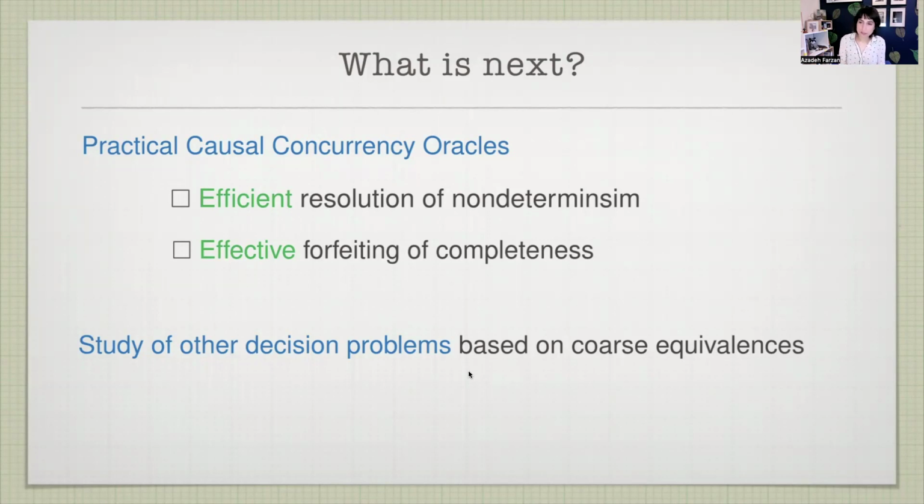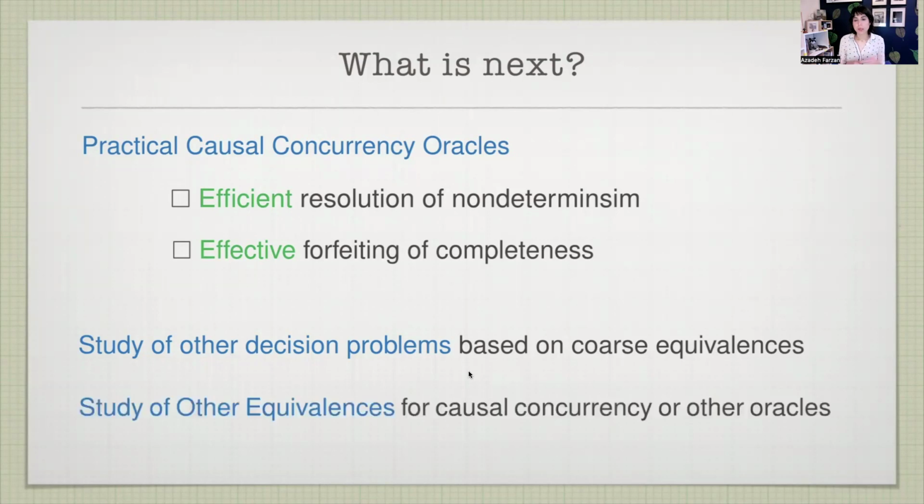There are different decision problems, there are different concerns. It's unclear whether the results from causal concurrency immediately generalize, or whether we need to solve these problems again based on the same exact notions of equivalence, like grain equivalence or scattered grain equivalence.